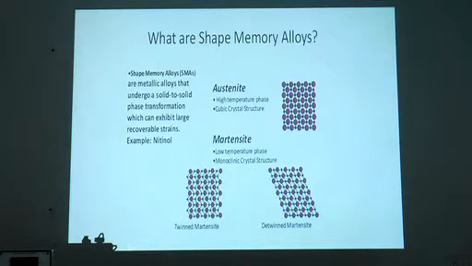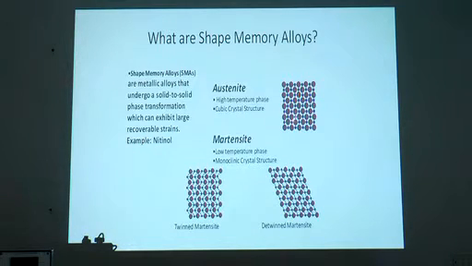Why does shape memory effect occur in this alloy? Shape memory alloys are metallic alloys that undergo a solid to solid phase transformation, which can exhibit large recoverable strains, for example, NITINOL.